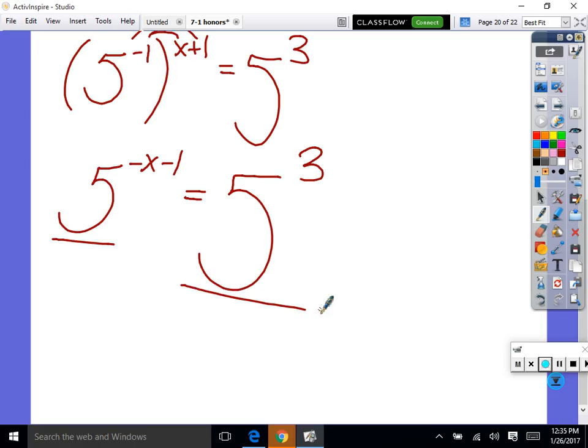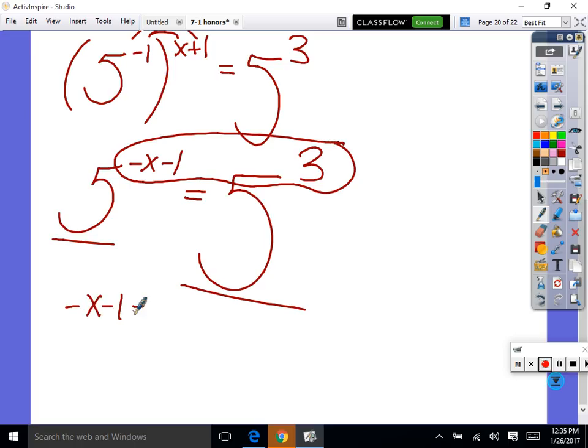Now they're both base 5, so now we can simply use algebra using the exponents to solve. Negative x minus 1 equals 3. Use algebra to solve for x. So we'd add 1, divide by negative 1. X equals negative 4.